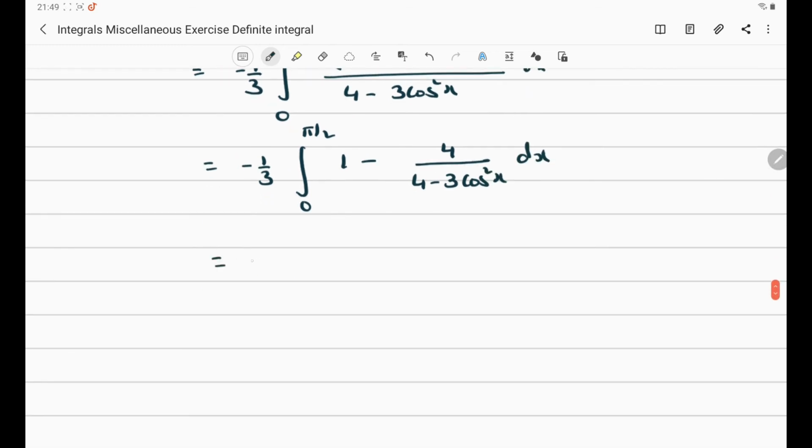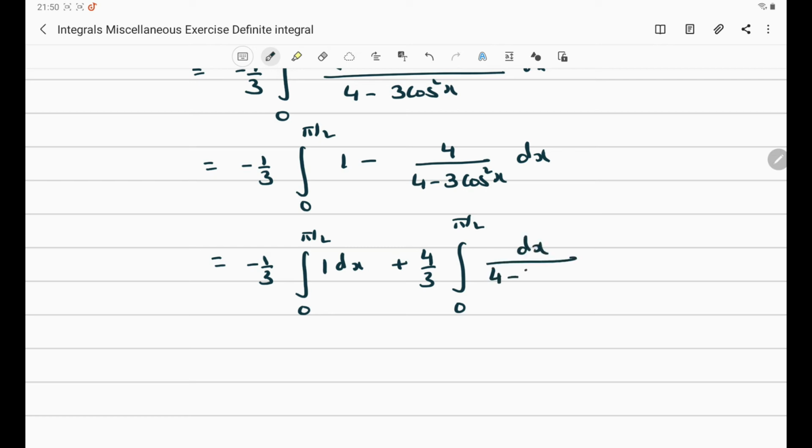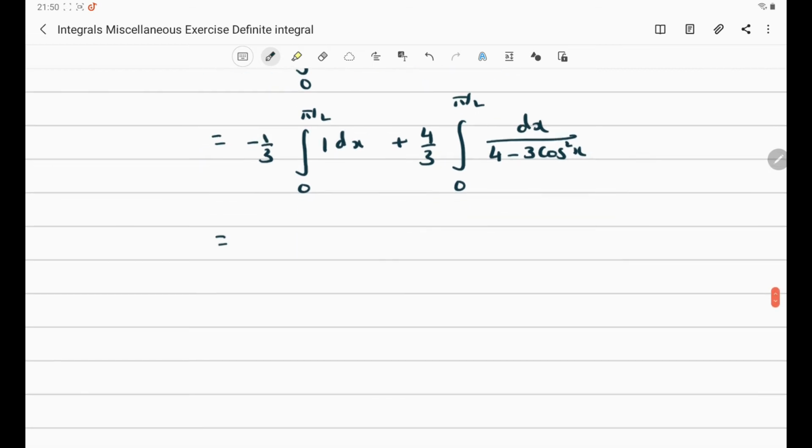The next step is minus 1 by 3 integral 0 to pi by 2 1 dx, minus into minus plus 4 by 3 integral 0 to pi by 2 dx by 4 minus 3 cos square x. So, this can be further written as integral 1 is x. So, we get this as minus 1 by 3 into x with upper limit as pi by 2, lower limit as 0, plus 4 by 3 into integral 0 to pi by 2.